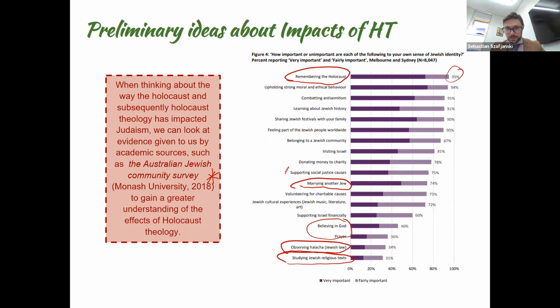Sorry, it's just been a long day, guys. But another really important one at 87 is belonging to a Jewish community. So the idea of unity is still present. We can see that Fackenheim's idea really comes to fruition in these two ideas.